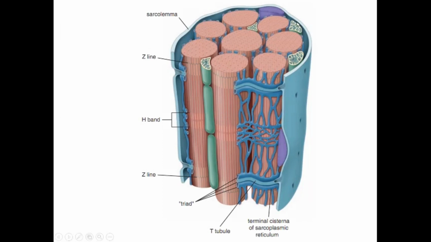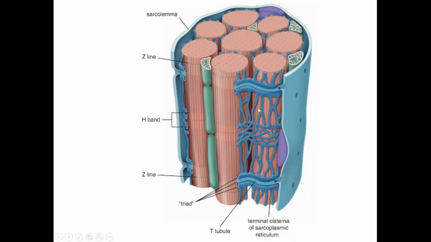Again, here you can see sarcolemma, myofibrils, sarcoplasmic reticulum surrounding all myofibrils, mitochondria, and the peripheral position of the nucleus. Here in this part you can see a cross section.